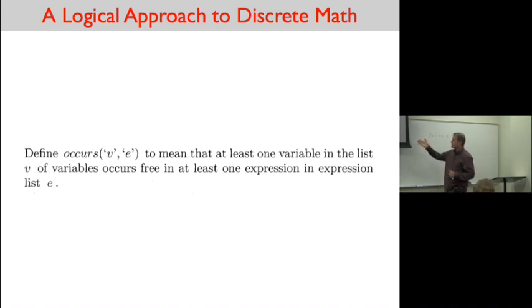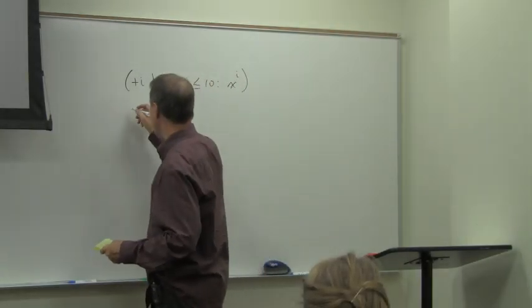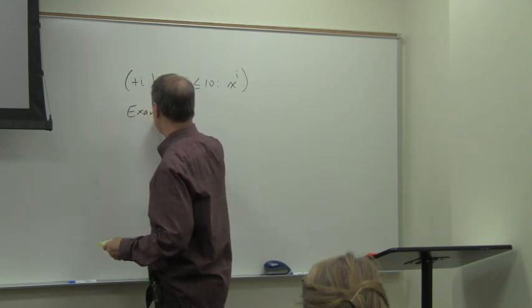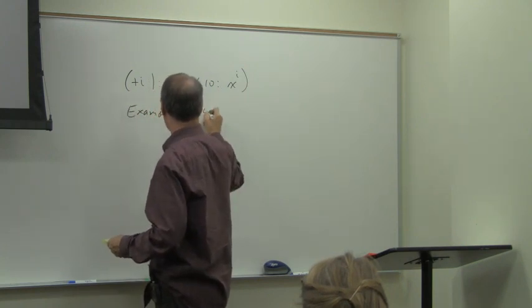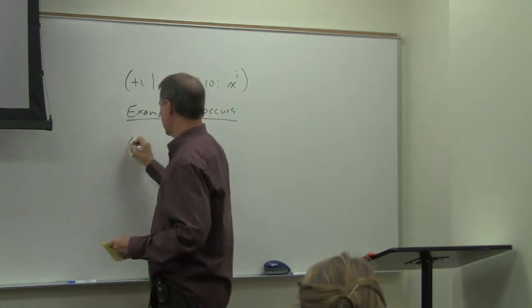We define occurs v, comma, e, in single quotes, to mean that at least one variable in list V of variables occurs free in at least one expression in expression list E. And we actually did this in an earlier lecture, in anticipation of this. So let's do some examples of occurs.